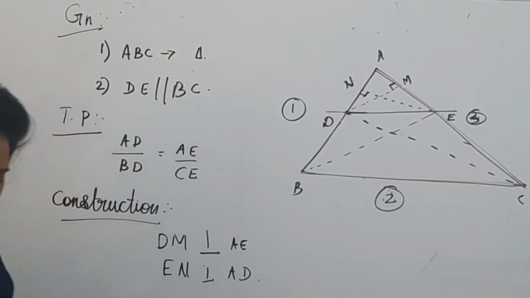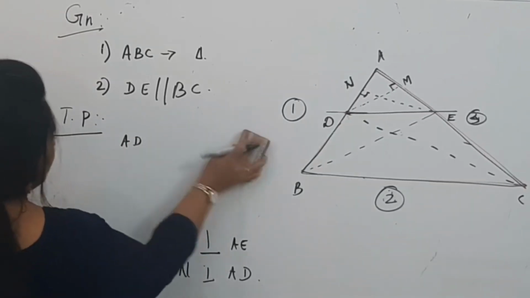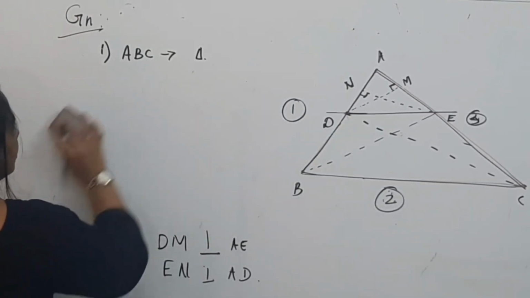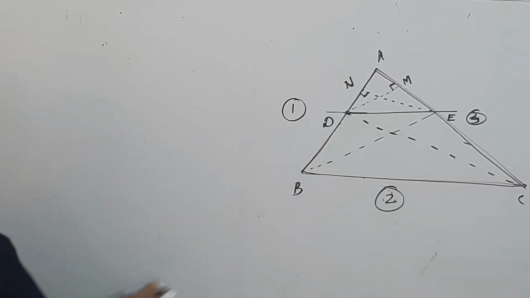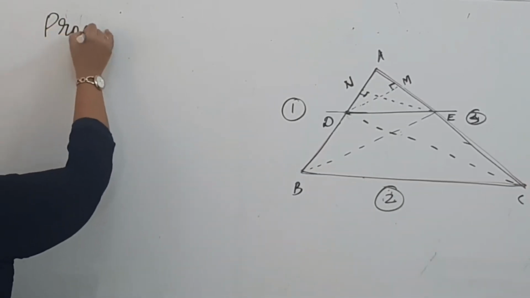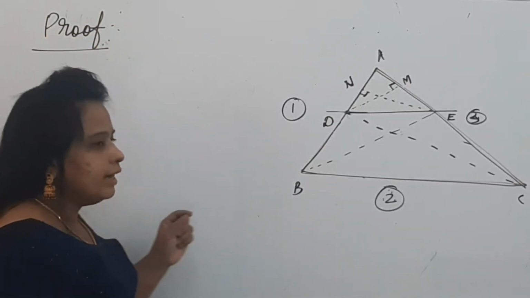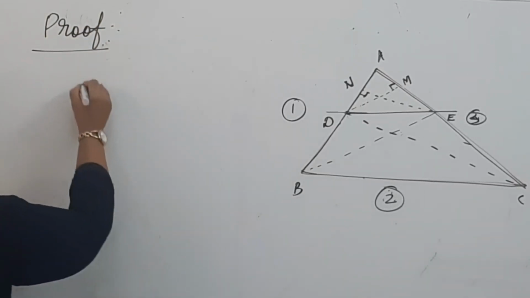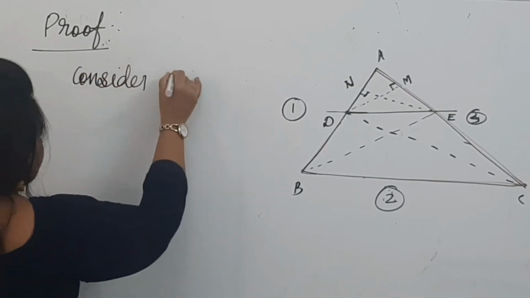Now I am going for the proof. So I rub this one. How am I writing the proof? So proof we go. Consider the triangle ADE.